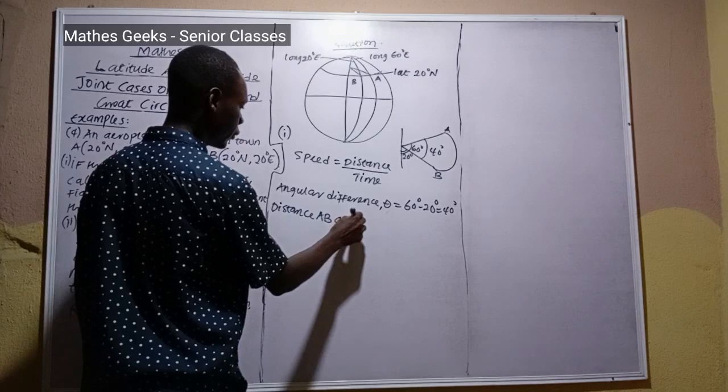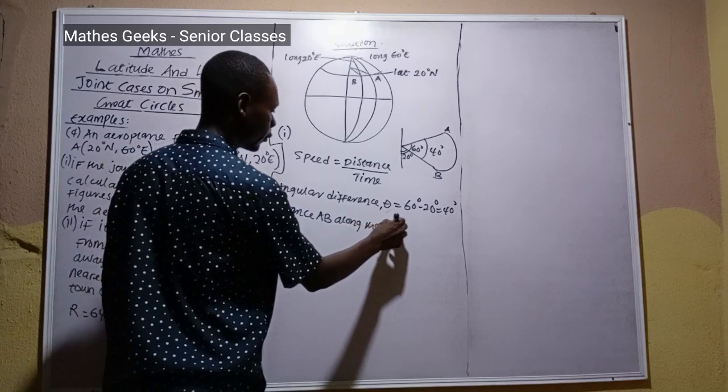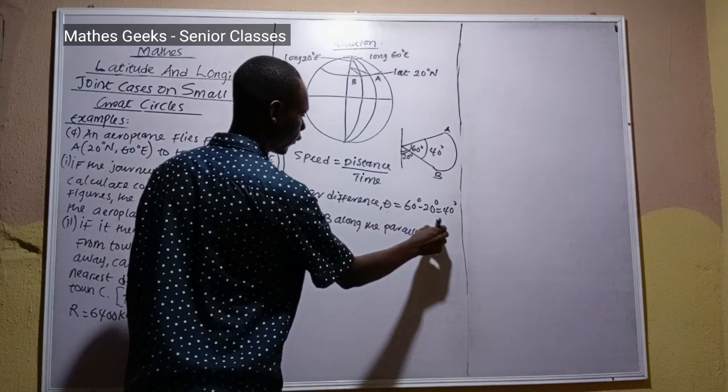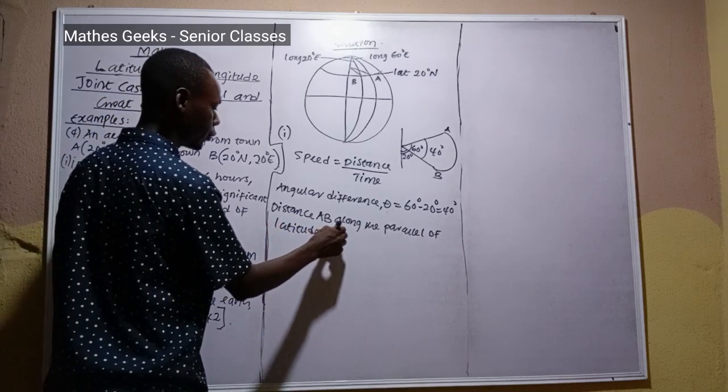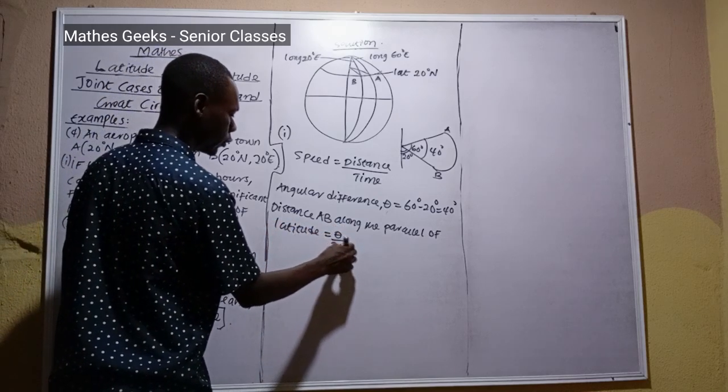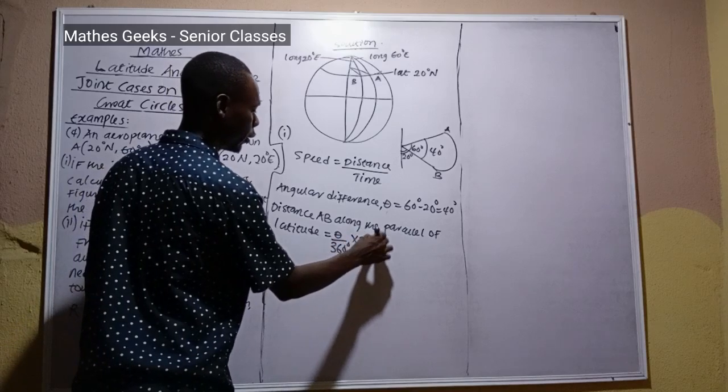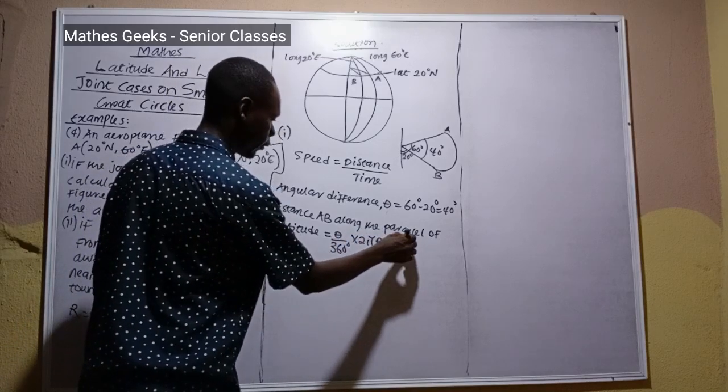Distance EB along the parallel of latitude is equal to theta over 360 degrees times 2 pi r cos alpha.